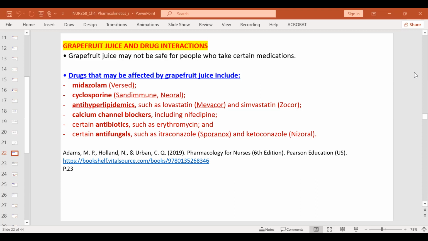Some drinks that are flavored with fruit juice could contain grapefruit juice as well, even if grapefruit is not part of the name of the drink. So you have to check the ingredient label.